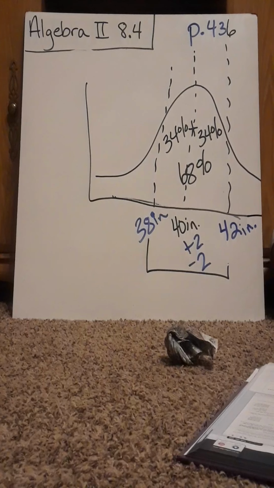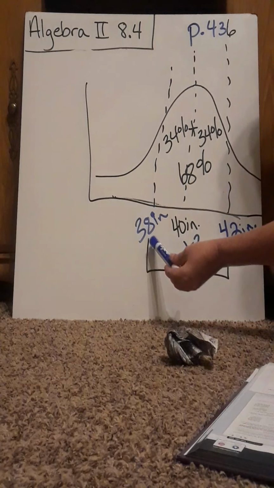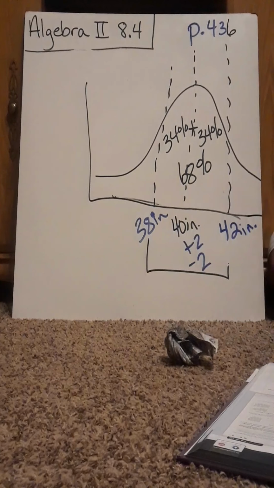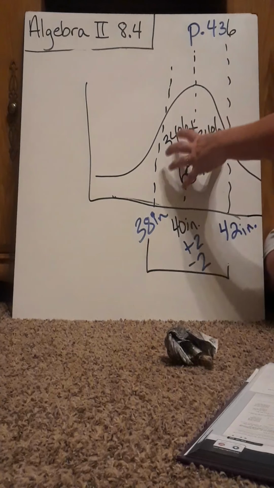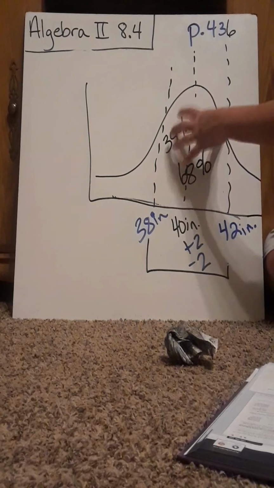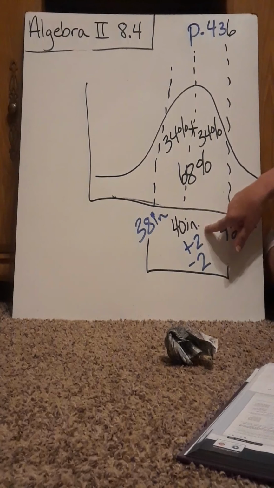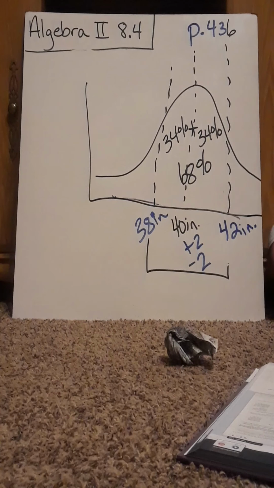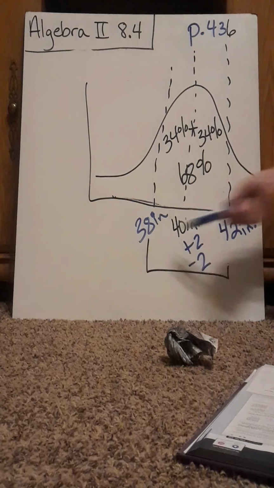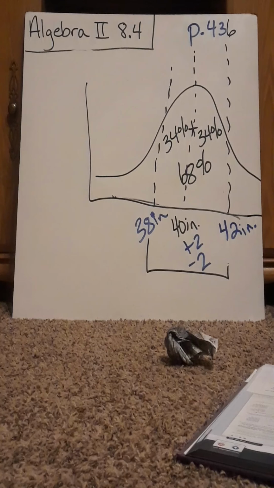So anybody that is in the range of 38 inches to 42 inches is going to be within that 68% of the data, okay, within your mean, which was 40. 68% of the people studied are going to be between 38 and 42 inches, okay?